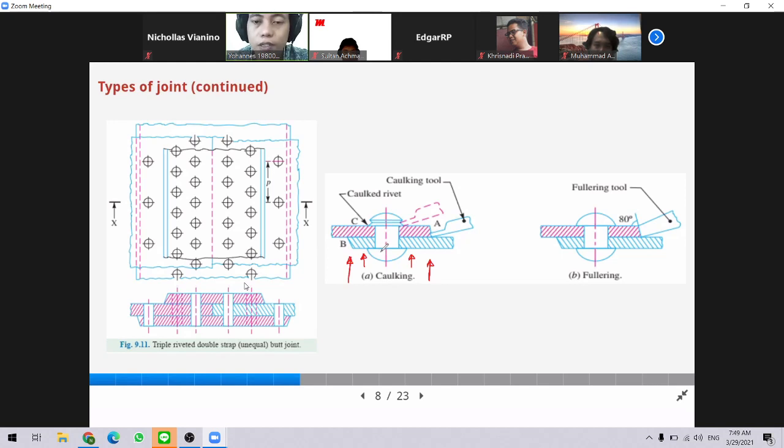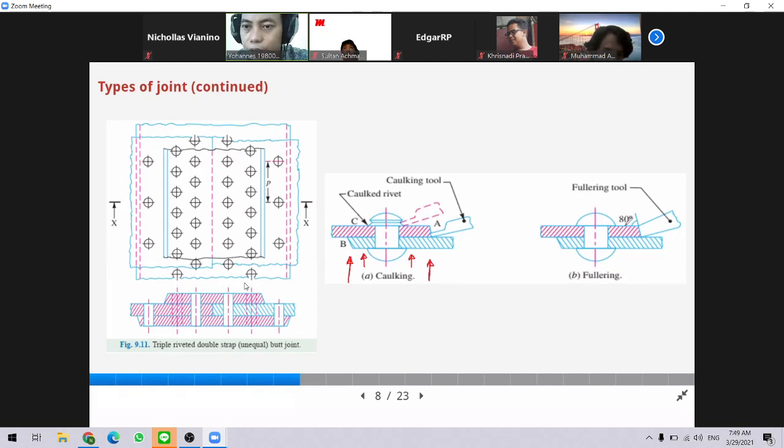There is no leakage allowed. That's why caulking is required, because it can close the gap between the head of the rivet and the plate. By doing that, we can prevent the gas from flowing inside the gap.